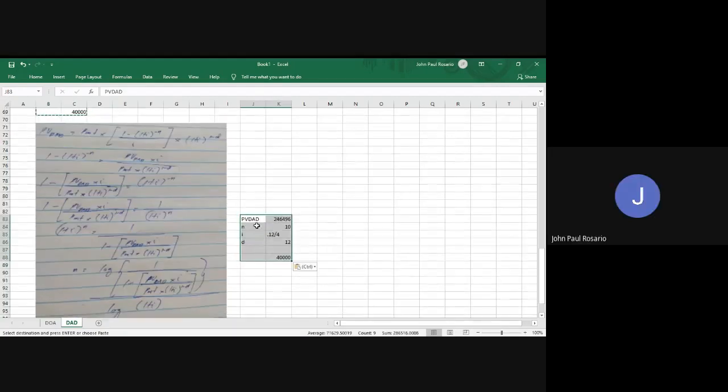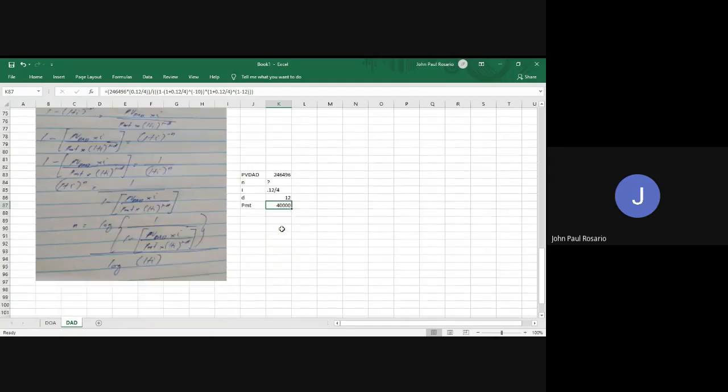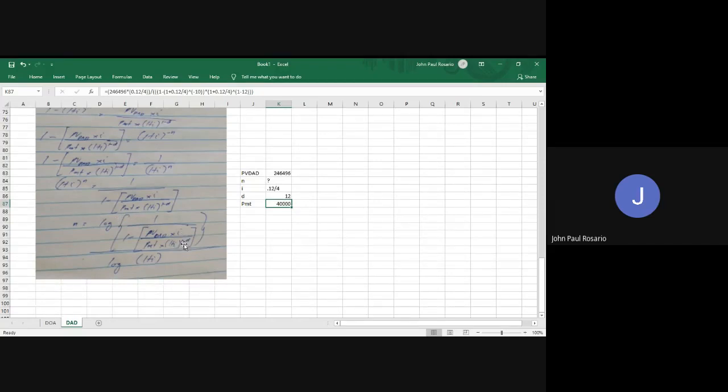So with that, si N ko no is unknown and then payment is 40,000. Okay. So I want you to try to input it in your calculator, substitute lang ninyo ni siya nga data, and then let's see if you'll arrive at the answer of 10. Okay, sige daw guys.